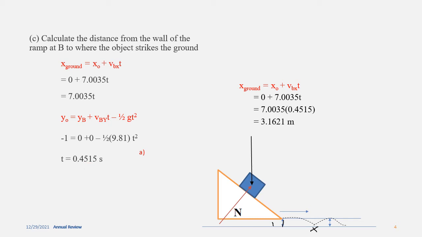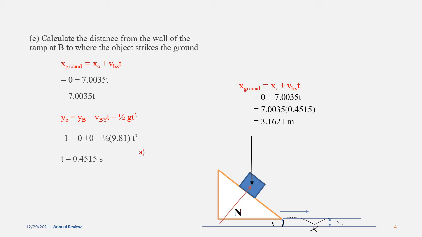Then yb is 0, and vb in the y direction equals 0.